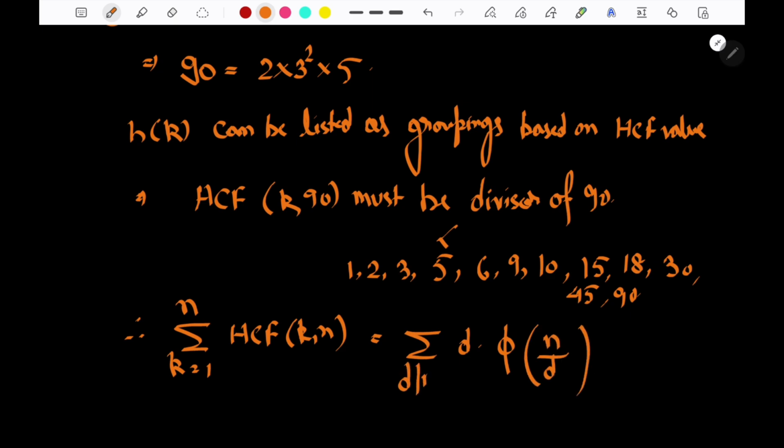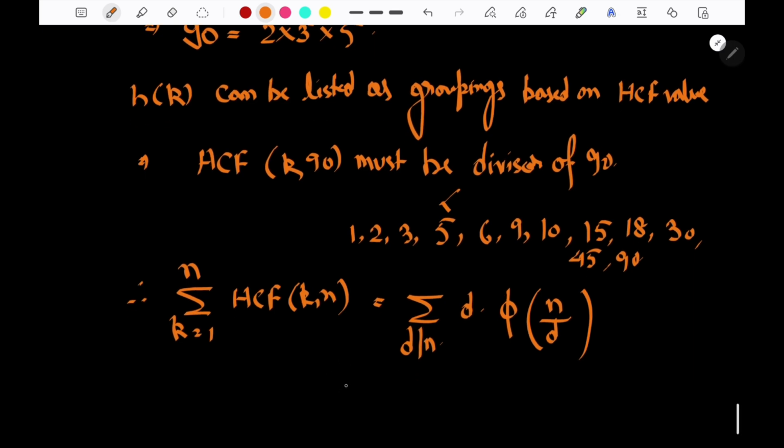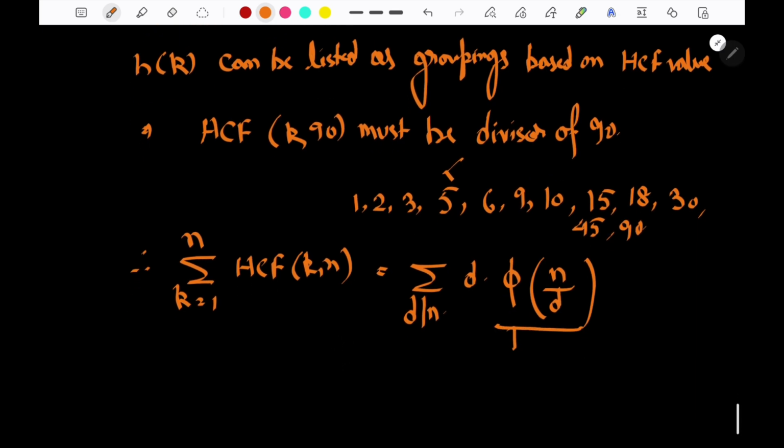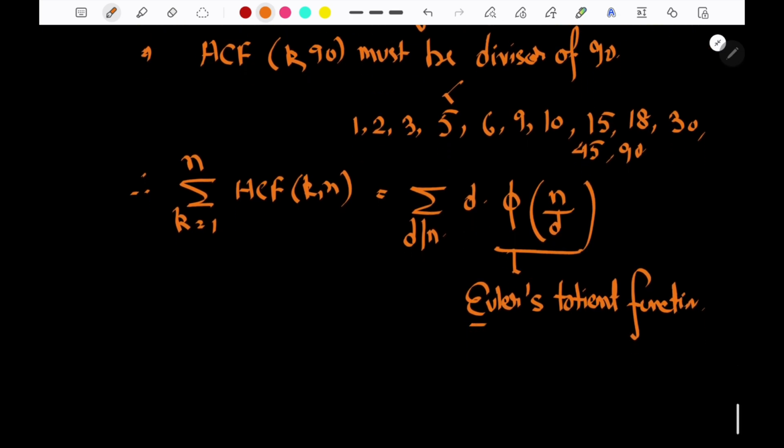This phi is Euler's quotient function. Now what is this Euler's quotient function? It has some values. We'll see.